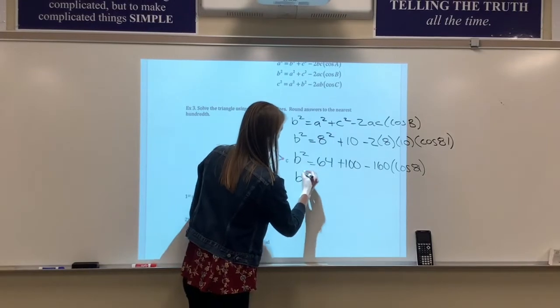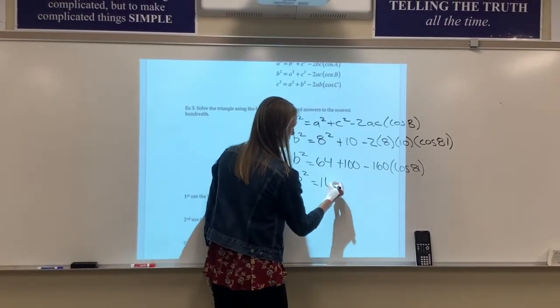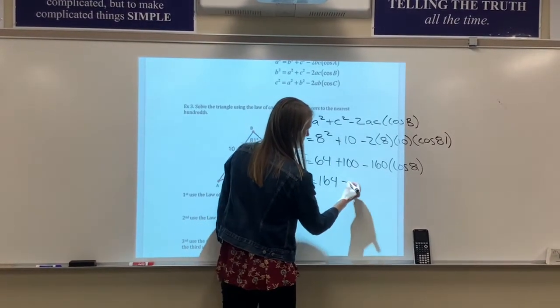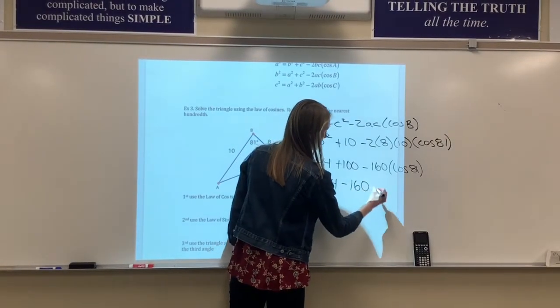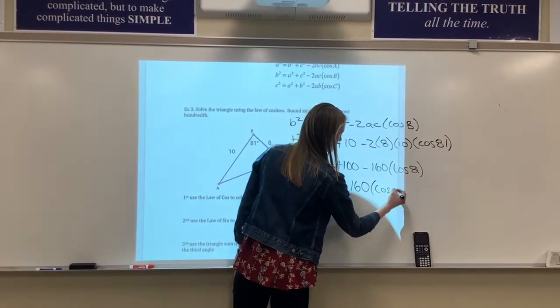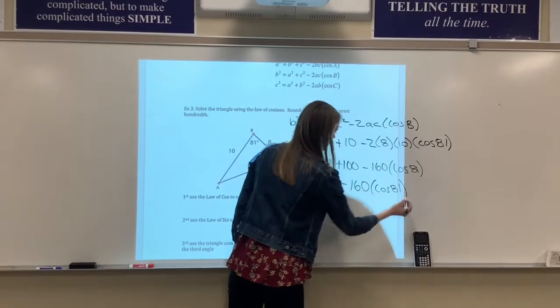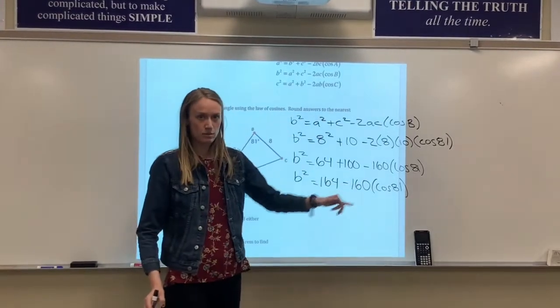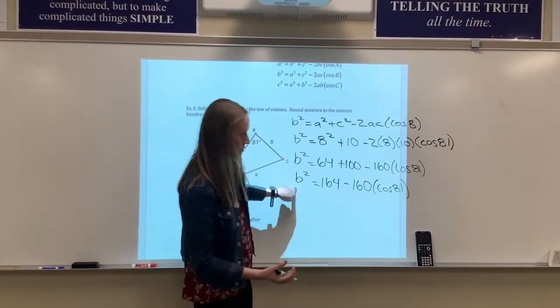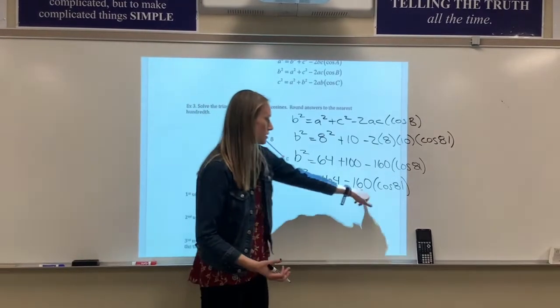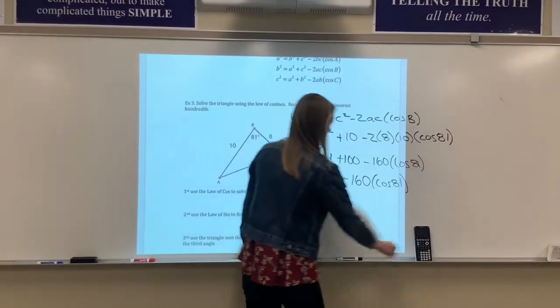So as we simplify, we're going to go b squared equals 164 minus 160 times the cosine of 81. And this whole thing is what we're going to plug into our calculator to figure out what b squared is equal to. We're not going to subtract the 160 from the 164.